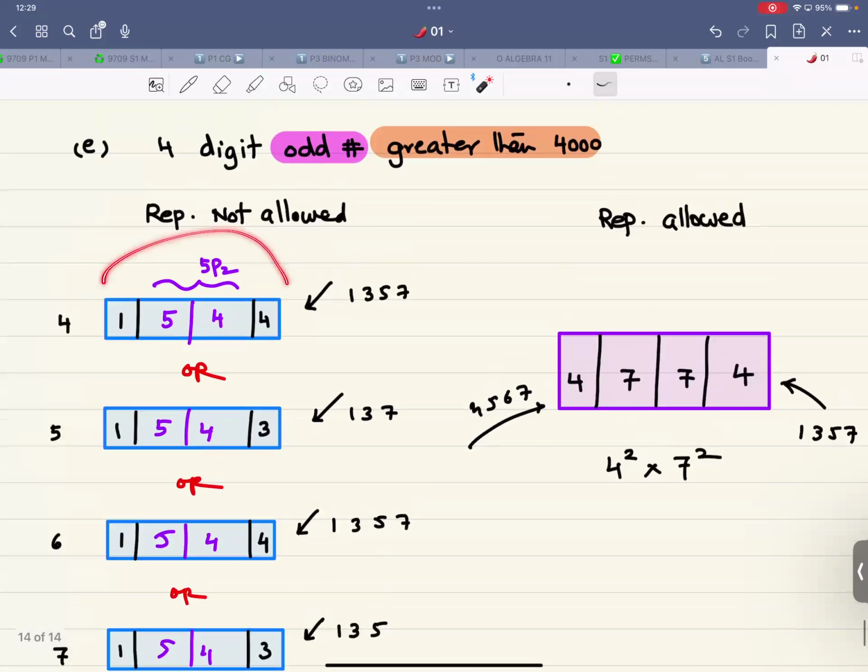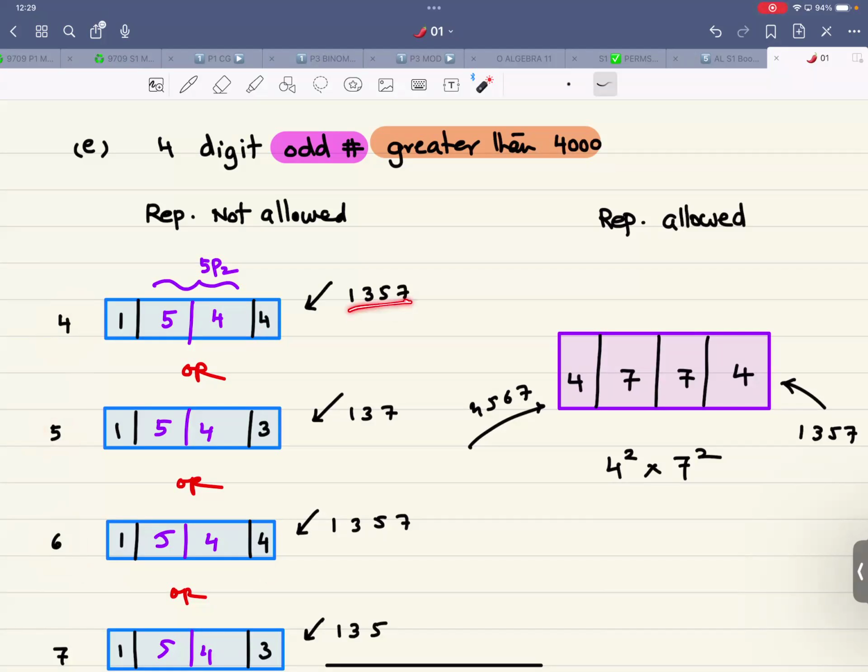Now focus on the last digit. So first, last. Since 4 is an even number, it will not affect the ending odd numbers. The odd digits will remain as 4 options. So this is 4. 4P1 is 4. The same goes with 6. 1 over here, 4 over here. But if we start with 5, 5 is an odd number.